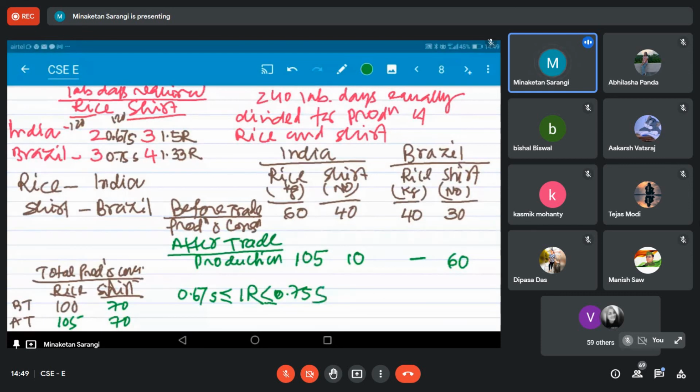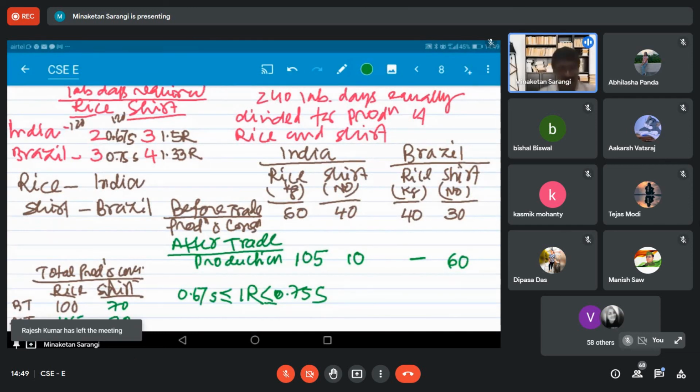One rice will be exchanged at any amount of sat that lies between 0.67 and 0.75. Assume here, one rice will be exchanged against 0.7 sat. 0.7 lies in between 0.67 and 0.75. Assume.